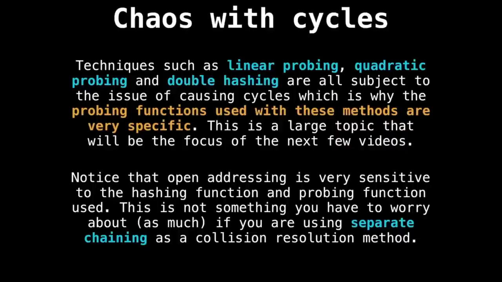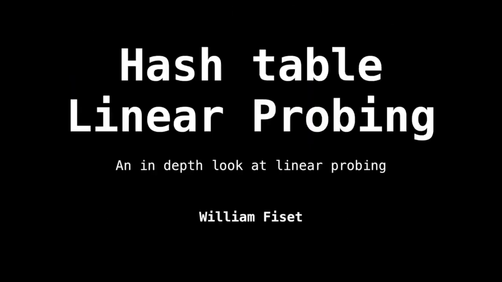So this is a bit of an issue with the open addressing scheme, but it's something we can handle. Although notice that this isn't something you have to worry about if you're in the separate chaining world, just because we have that auxiliary data structure that captures all our collisions.